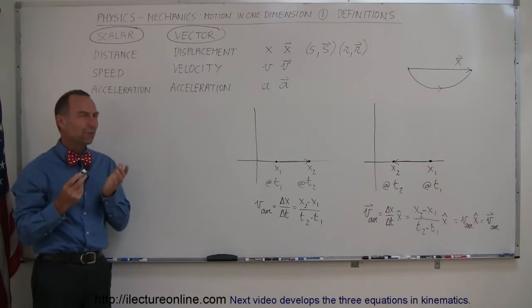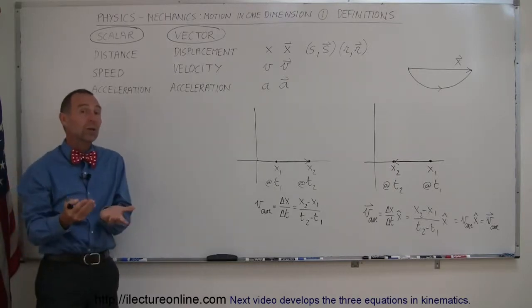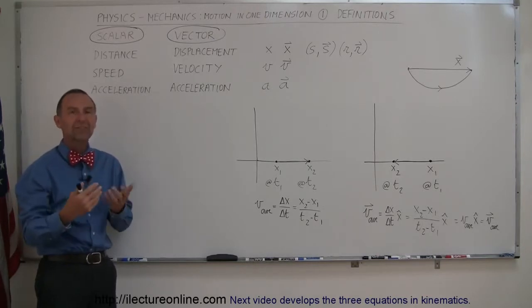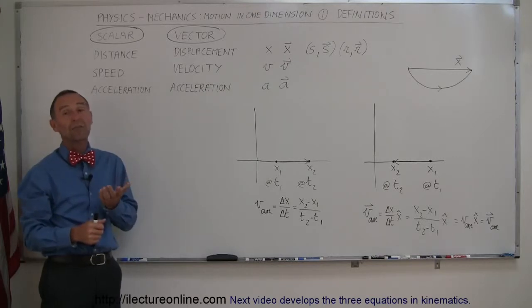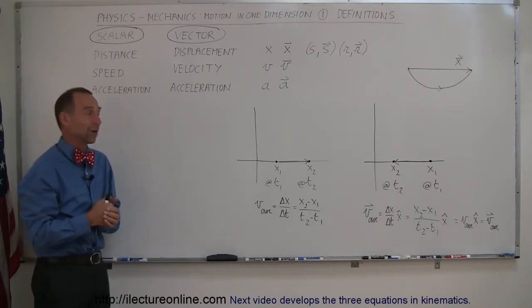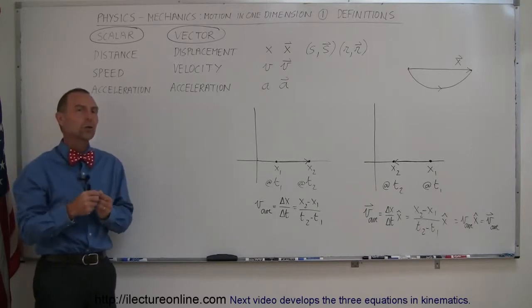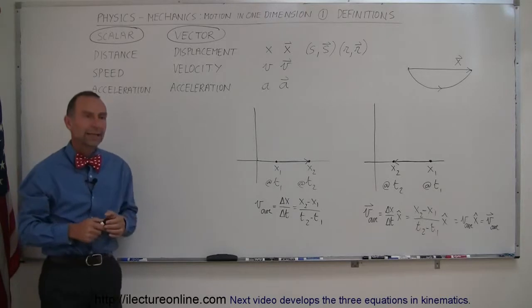Now, what is the difference between a vector and a scalar quantity? Well, a scalar quantity is something that just explains the amount, how big, how fast, and so forth. It doesn't say anything about direction. So when we talk about how far somebody's walked, we can say somebody's walked 5 miles, but we don't know what direction. So that's called a scalar quantity, and that's known as distance traveled.